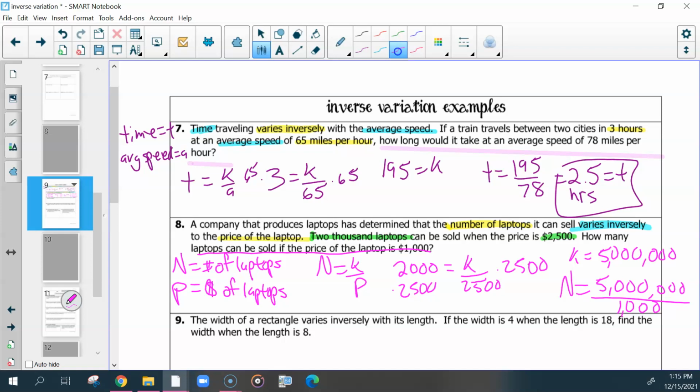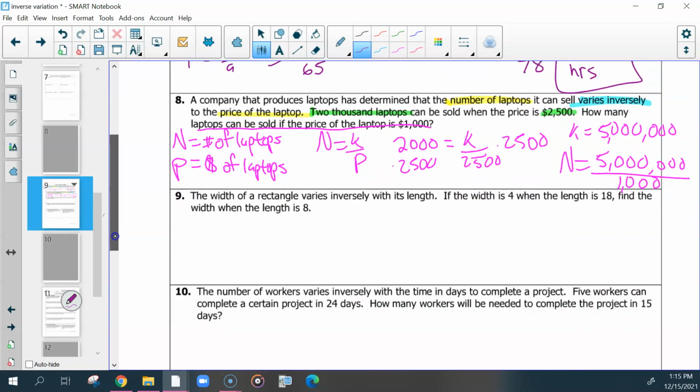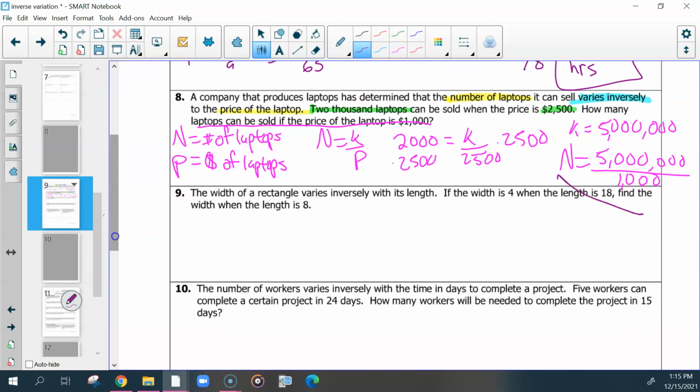And we would get 5,000. I'm running out of space. And then our unit would be laptops. 5,000 laptops can be sold if the price is 1,000.